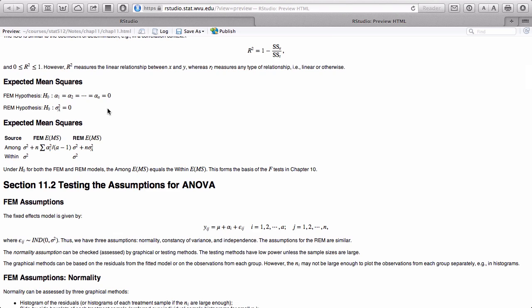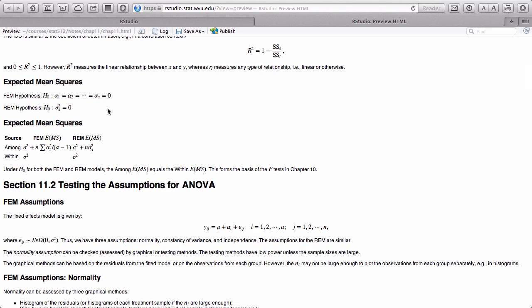To sort of summarize, if we're doing a fixed effects model, we're testing that the treatment effects, as defined by the alpha sub i, are all zero versus that they're not, there's some inequality. And then as a follow-up procedure, we typically use multiple comparisons of some sort, if in fact we reject the null hypothesis. On the other hand, for RIM, we're testing that the sigma squared sub A is zero versus that it's greater than zero.